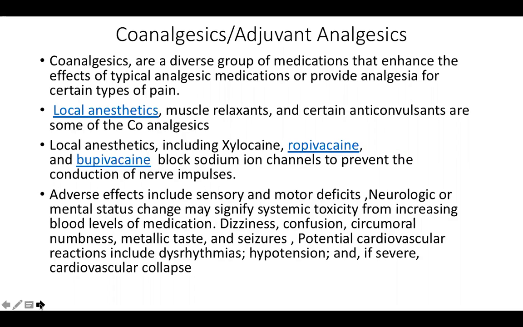For example, local anesthetics will just anesthetize. Local anesthetics, muscle relaxants, and certain anticonvulsants are used as co-analgesics. Local anesthetics like xylocaine and bupivacaine block the sodium channels in the nerves and prevent conduction of the nerve impulses.